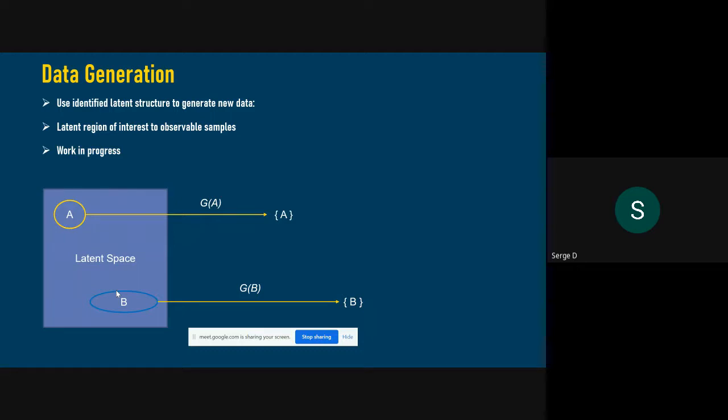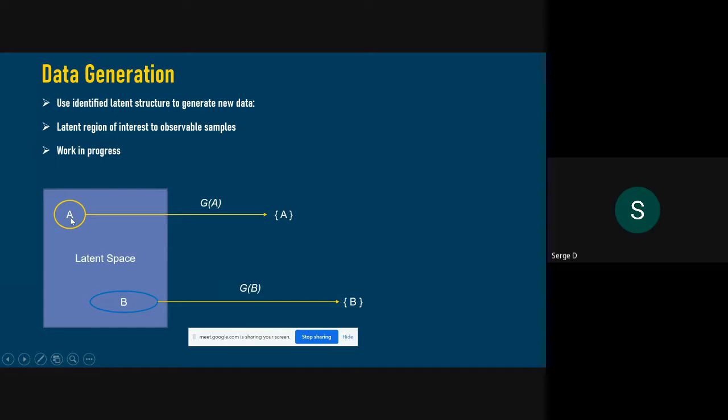So now, if we have a well-structured representation in the latent space and a trained generator function after self-supervised training, the natural use of this product is to try to generate new data by taking data points in the latent region associated with a certain class and forwarding them through the generator function to the observable space.